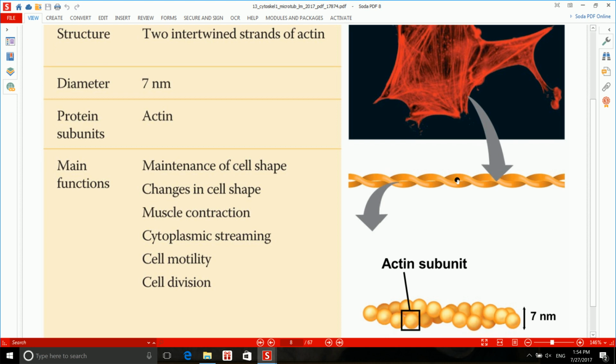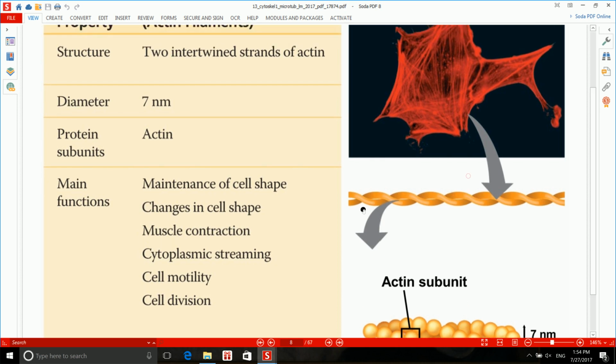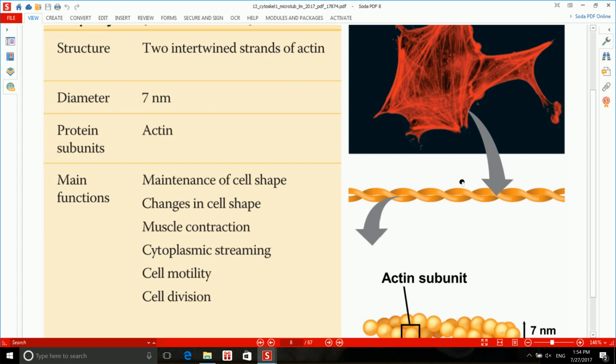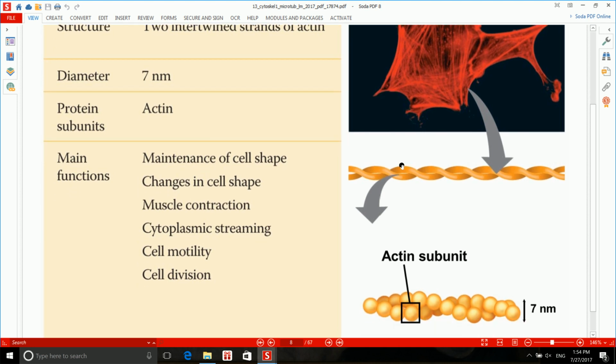But do not mistake them, because DNA is formed by nucleotide bases, but these microfilaments are formed by proteins. That's a very different thing, but they resemble the same structure. And their diameter, you need to know, again, they are the thinnest ones.